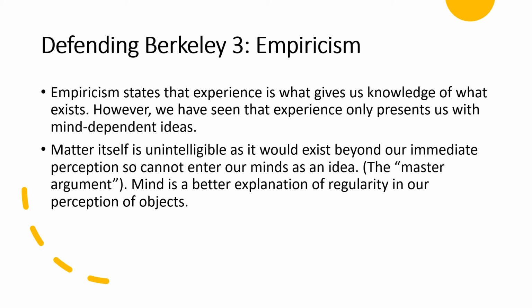So mind for Berkeley is a better explanation of the regularity in our perceptions of objects. Not just our own minds, however, we can't control our perceptions. So remember, Berkeley is offering the mind of God as the cause of our perceptions, and this, according to him, is a much more straightforward explanation of how our perceptions occur.